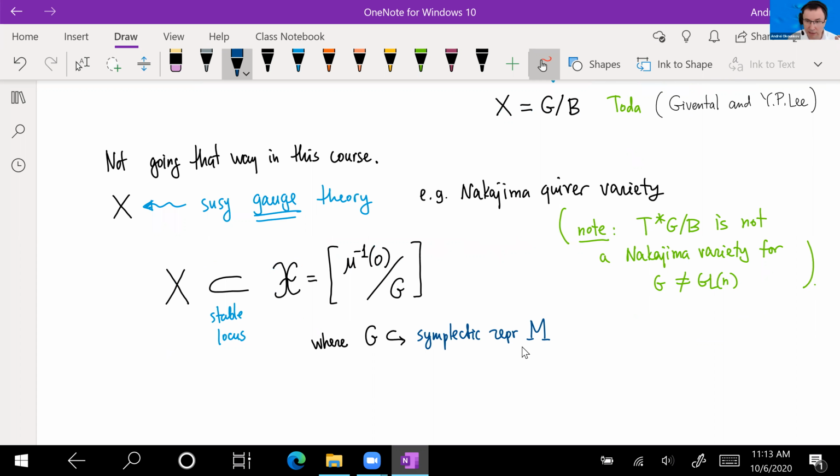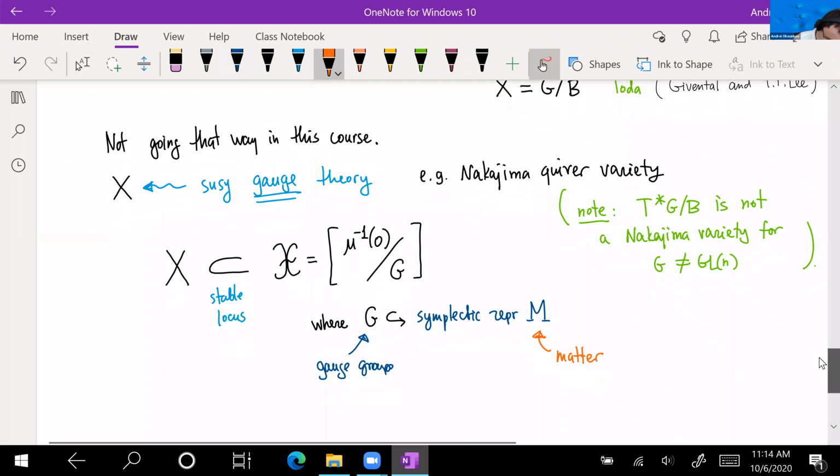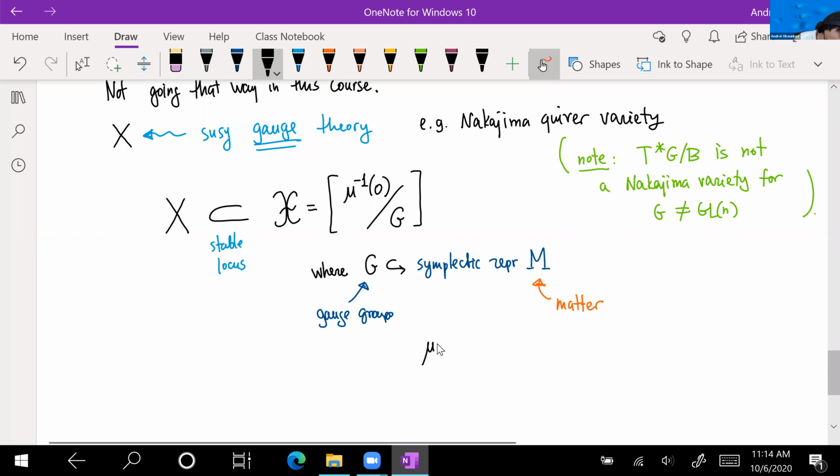The ingredients there are the gauge group, and X in some representation M, which is the matter. Since it's a symplectic representation, we have the moment map mu going from M to the dual of the Lie algebra. And a symplectic variety is of that type.